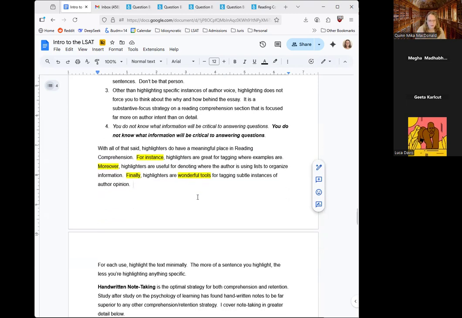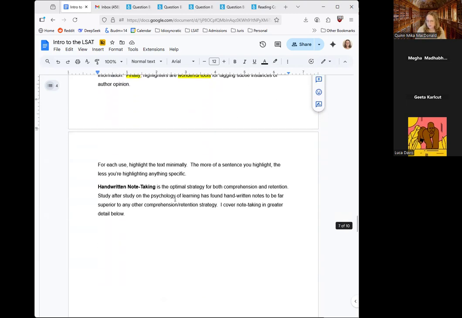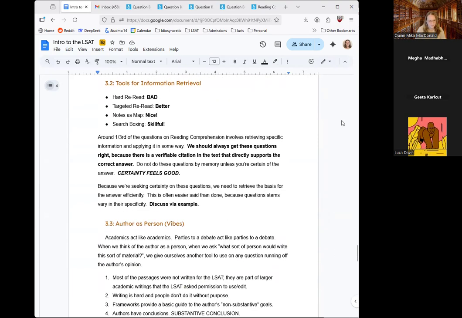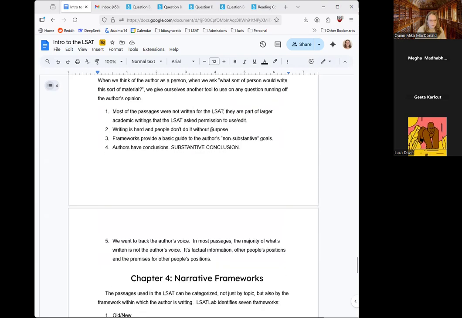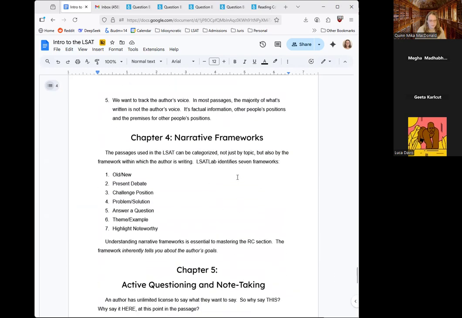All right, so handwritten note-taking, we'll talk about it in a sec. Also talk about tools for information retrieval, and we'll talk about narrative frameworks. So I want to jump into a passage, one of my favorite ones, and I just want to walk through what's happening in this passage and what's most important to pull out of it.